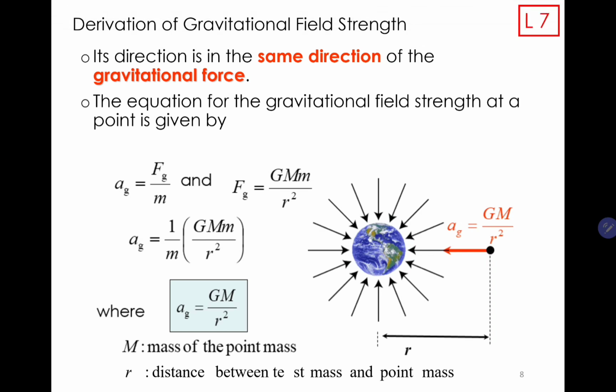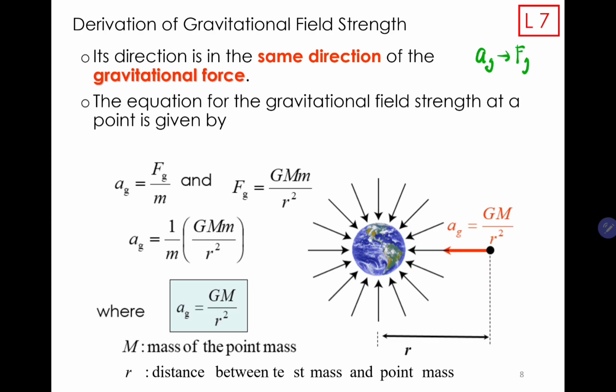Okay, how do we derive the equation of gravitational field strength? Remember the direction of gravitational field strength is still the same as the direction of gravitational force. So the direction of Ag equals the direction of Fg.